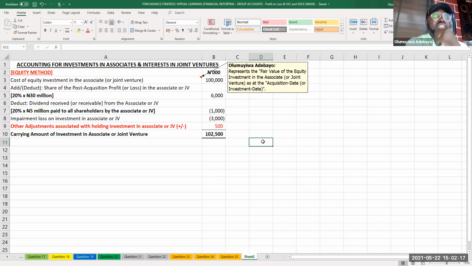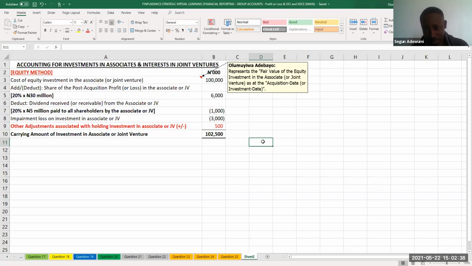Okay, I will explain. First, equity is not meant to be carried at cost. You agree? Yes, sir. And equity by default is to be measured at all times at fair value.